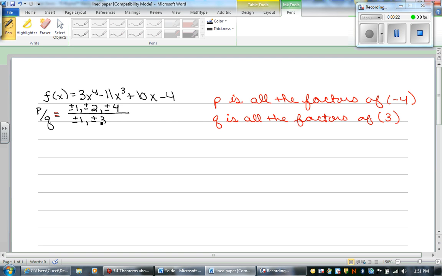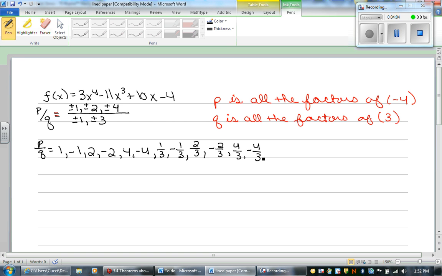So my possibilities for p over q are 1, negative 1, 2, negative 2, 4, negative 4, then 1/3, negative 1/3, 2/3, negative 2/3, 4/3, and negative 4/3. These are all the possible rational zeros of this function.